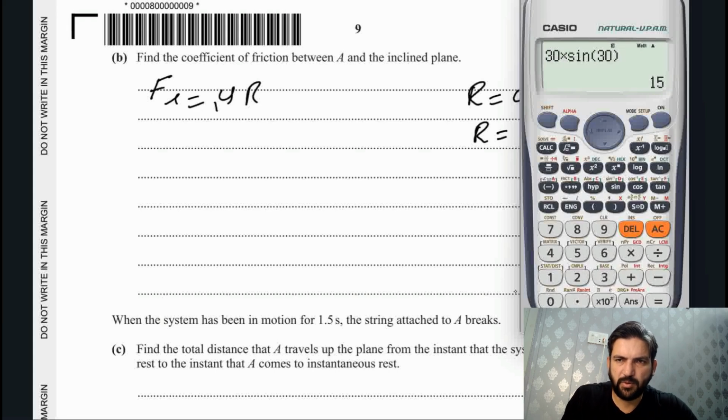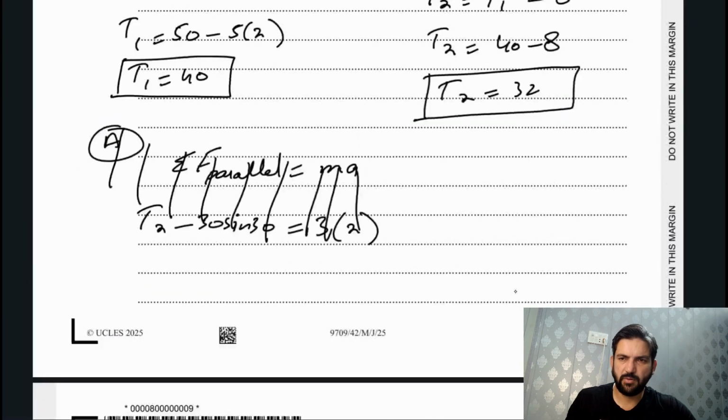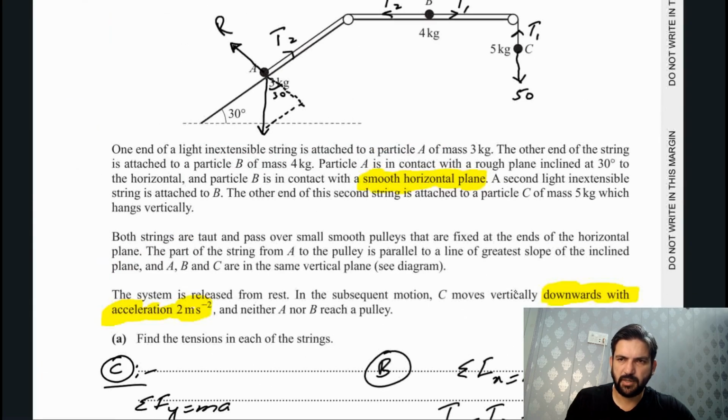This will be equal to 15. So R is equal to 15. Let me see the vertical components as well.